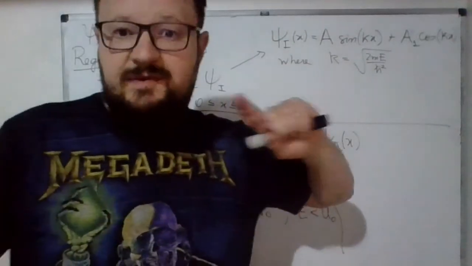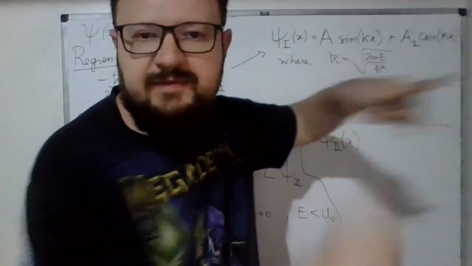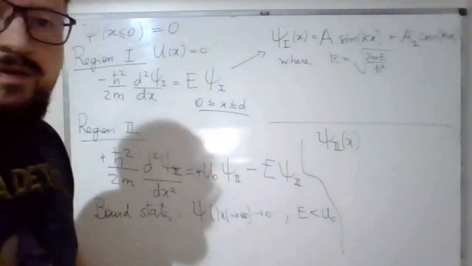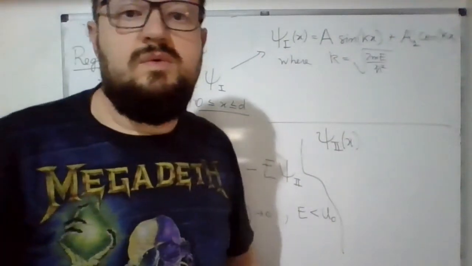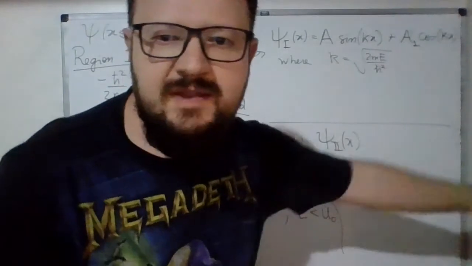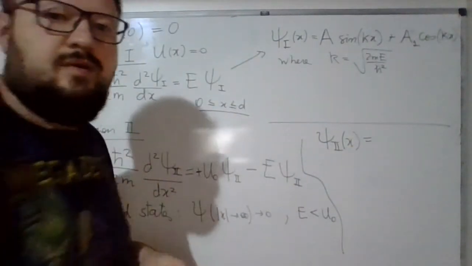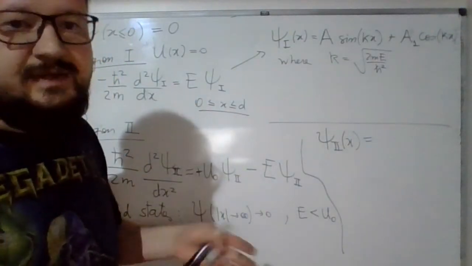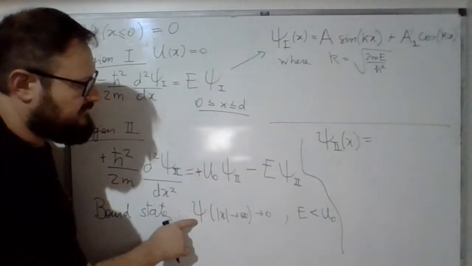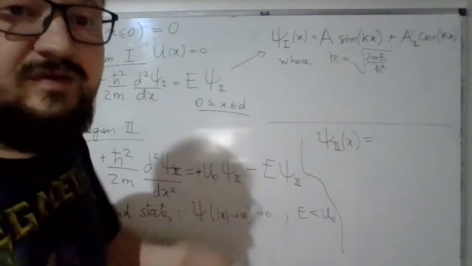Remember that the second region is unbounded, so that U0 potential extends to infinity, and there is no room for a reflected wave. We are talking about evanescent waves. Of course, you could have a growing exponential, but it would lead to a function tending to infinity as x goes to infinity.